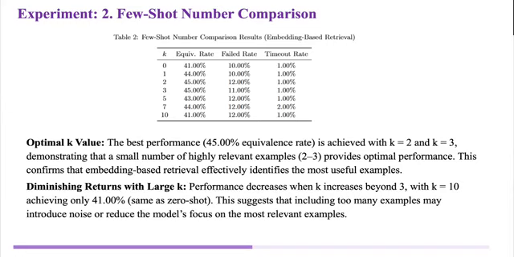Also, we see diminishing returns with large K. Performance decreases when K increases beyond 3. With K equals 10, it achieves only 41%, which is the same as 0 shot. This suggests that including too many examples might introduce noise and reduce the focus on the most relevant examples.